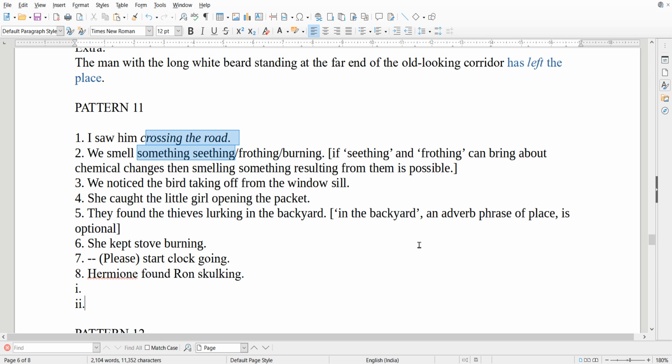Great. The pattern is subject plus verb plus noun phrase plus present participle as they call it, and any objects or phrases that can follow the verb in the present participle.